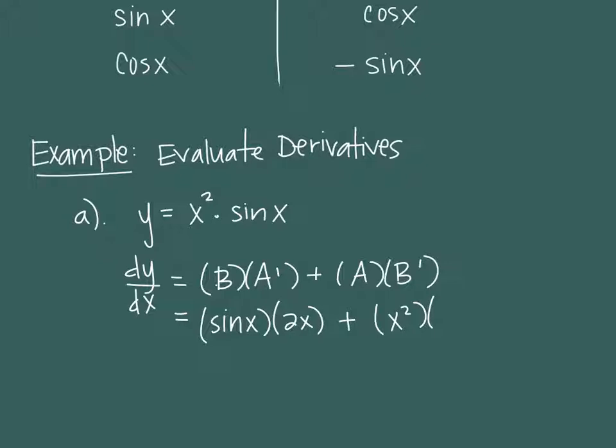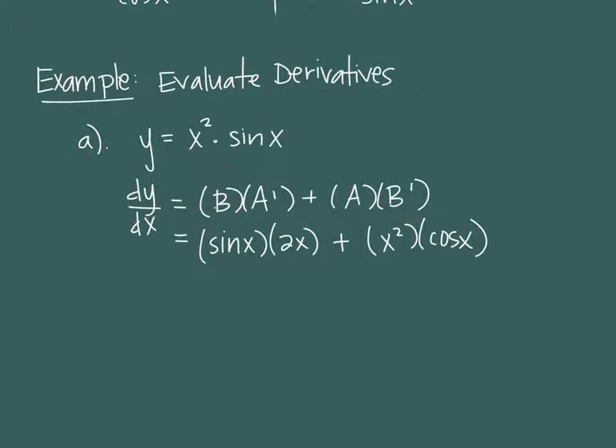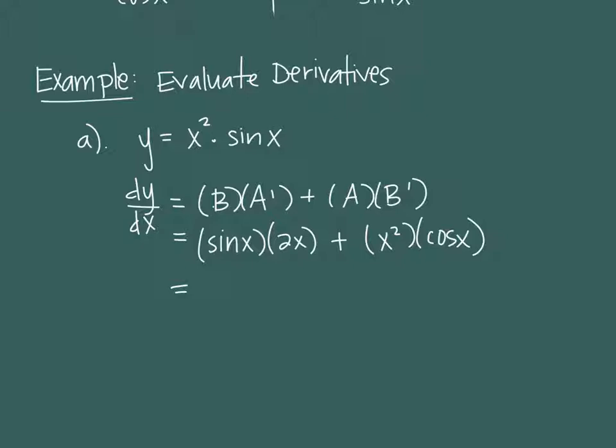And the b prime is the derivative of sine, which we just learned is cosine. And that's the derivative. That's the end of the problem. You could maybe write that a little bit nicer. Typically we would put the squared term in the front and then the 2x in front of the sine x. That would be probably the more traditional way to write that in terms of descending order, that you like to have the squared thing first.